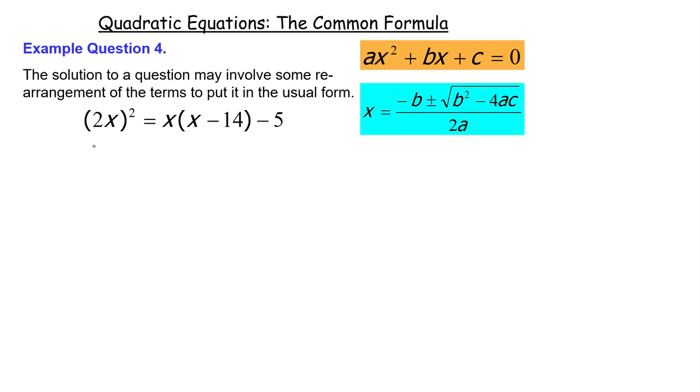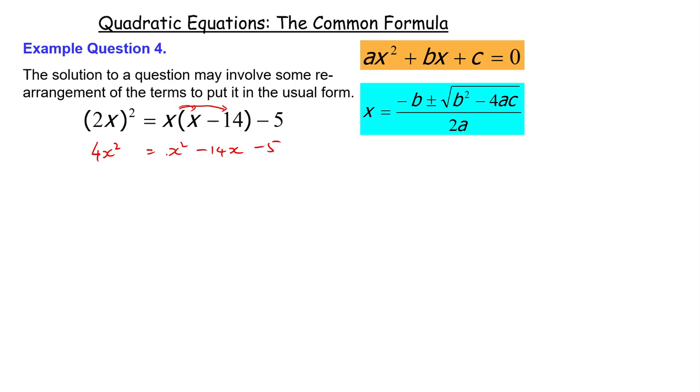Got 2x squared, so that's going to give us 4x squared, which is equal to x times x, which is x squared, and then x times minus 14, so minus 14x minus 5, which is on its own out there. Okay, then we move everything to which side?